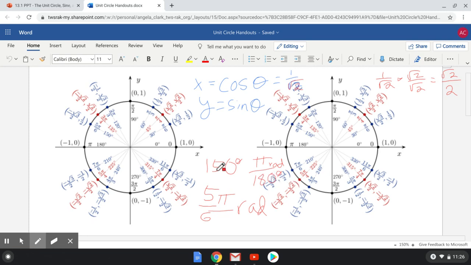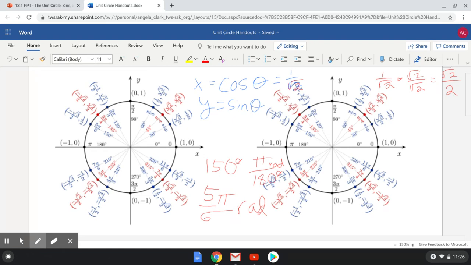And then next year in pre-calculus, those of you who are taking that, we will be memorizing this fully, so we won't have it in front of us during tests and stuff like that. We'll be making sure that this is in our heads. So I want to get you guys started on that now. All right.